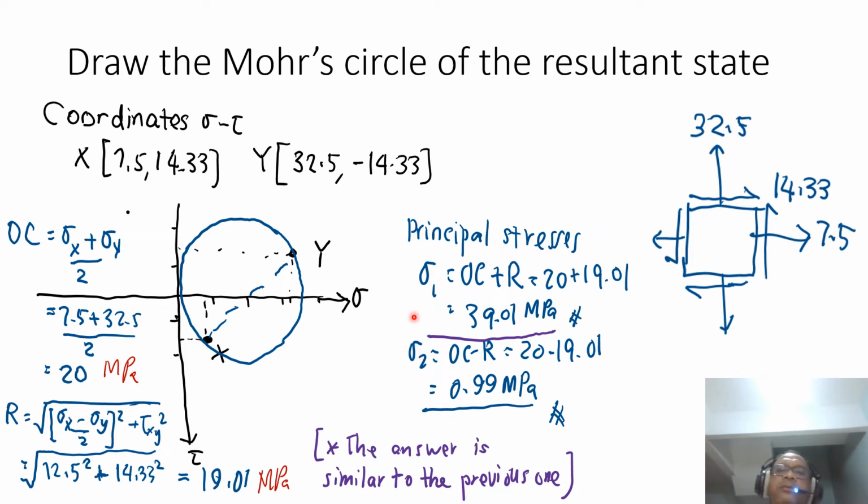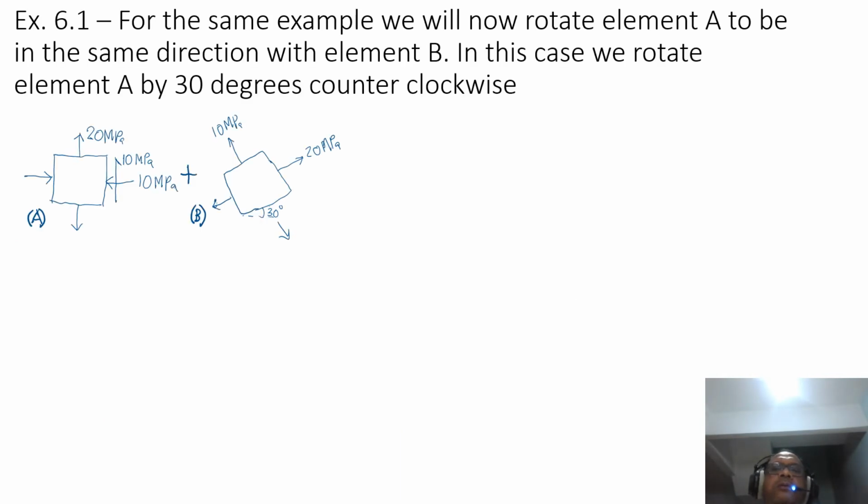Okay, so let's do the same thing now. Look at the same example. We will now rotate element A to be in the same direction as element B. Element B is rotated 30 degrees from the horizontal line, and we have to rotate element A by 30 degrees counterclockwise.